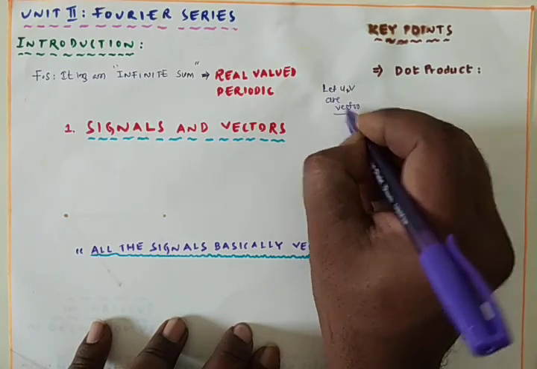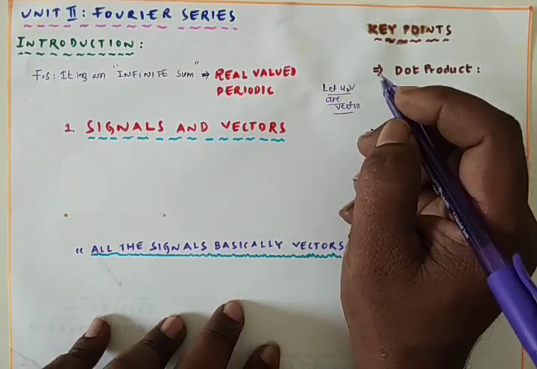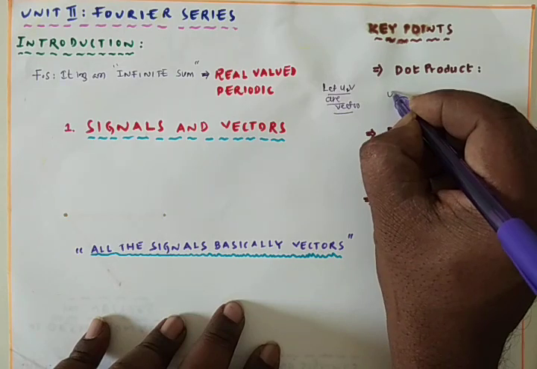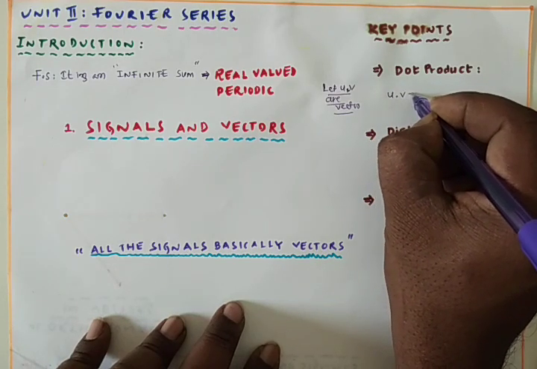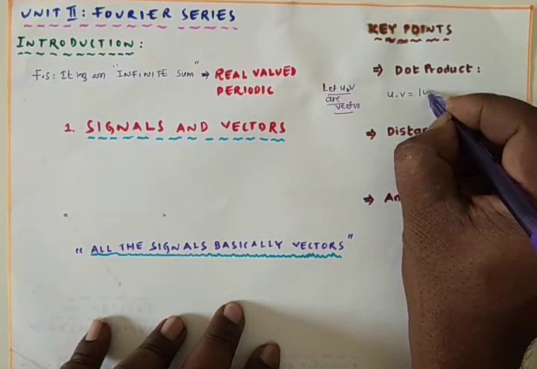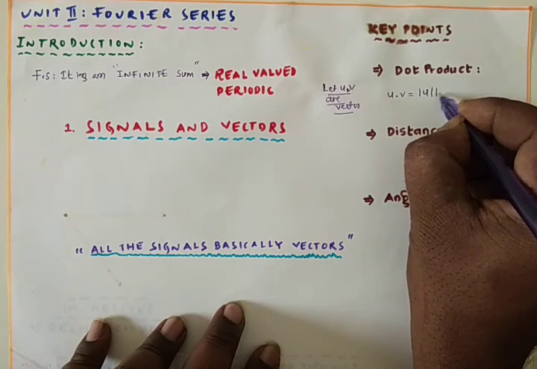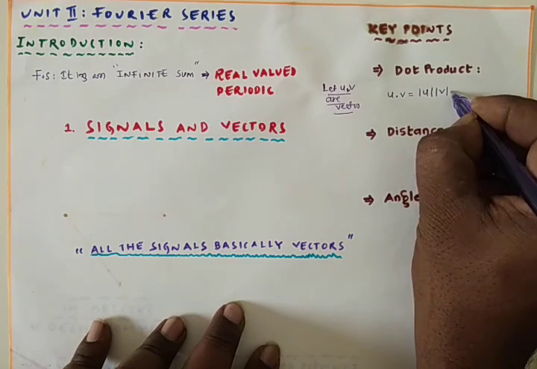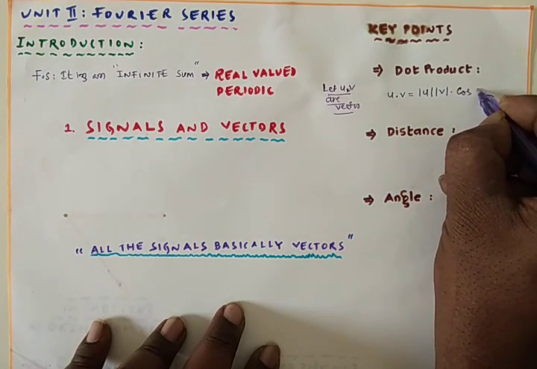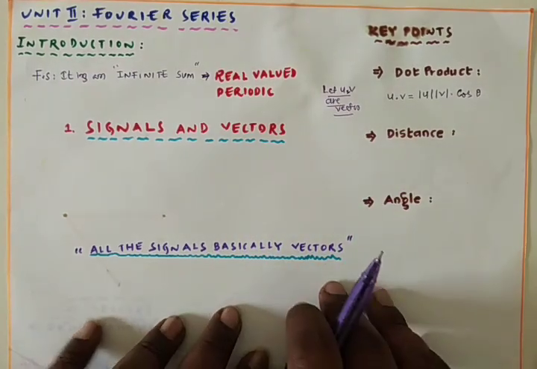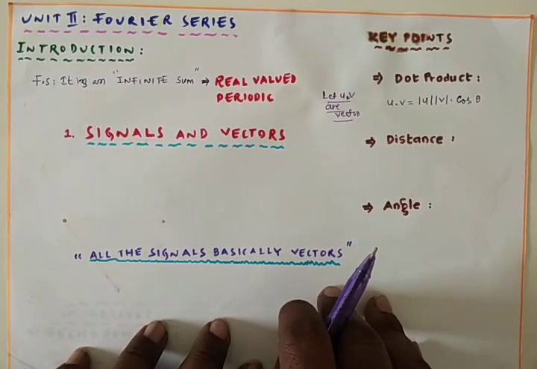Then the dot product of these two vectors, u dot v, is equal to modulus of u into modulus of v into cos theta. Theta is nothing but the angle between these two vectors.